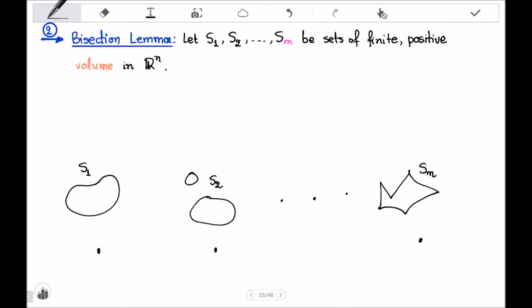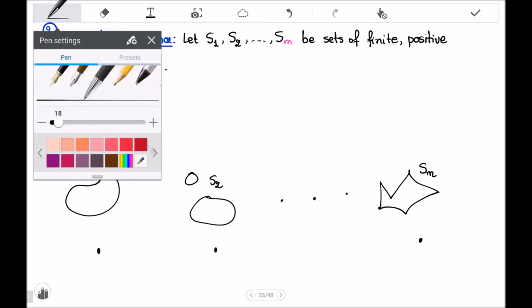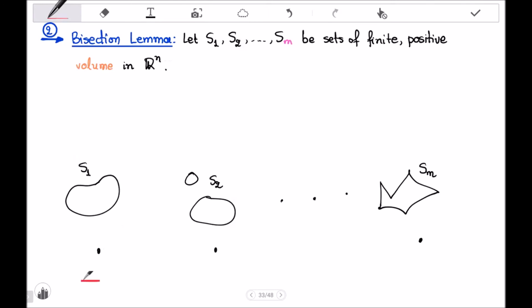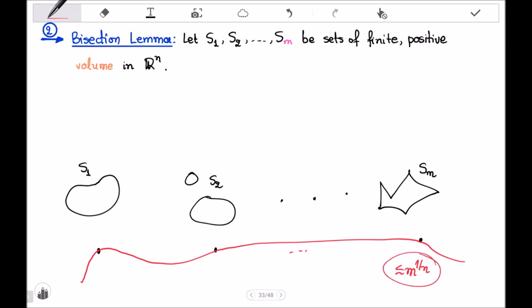For the vanishing lemma, you would find a polynomial of low degree, at most the number of points to the 1 over n, whose zero set passes through all the points. Now, in this version, we can find a polynomial of the same degree, at most the number of sets to the 1 over n, whose zero set bisects, volume-wise, all of these sets.